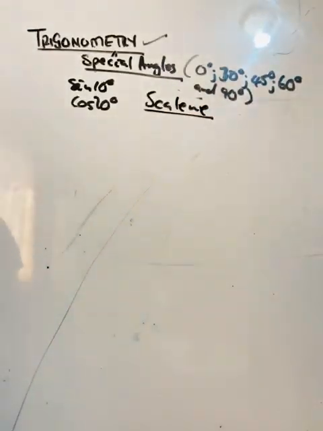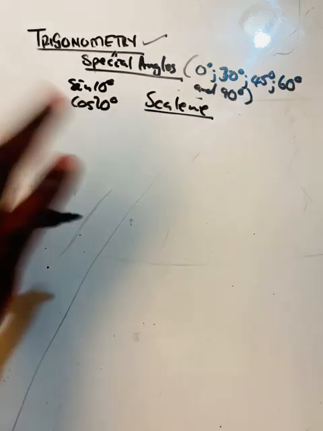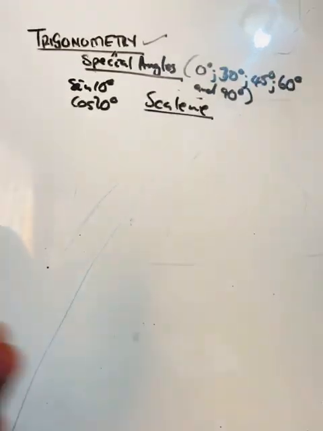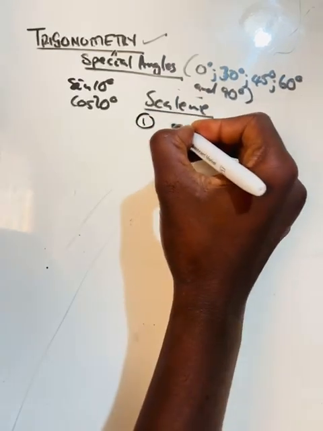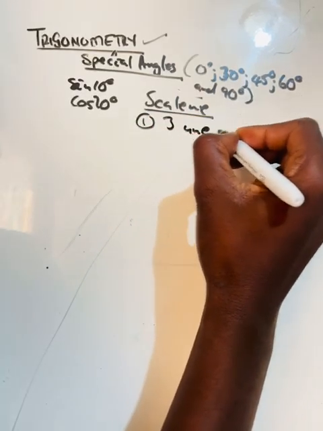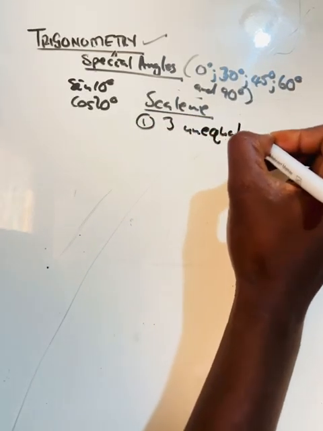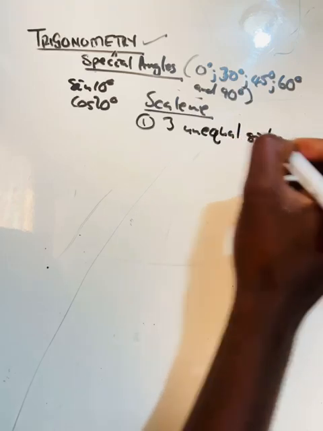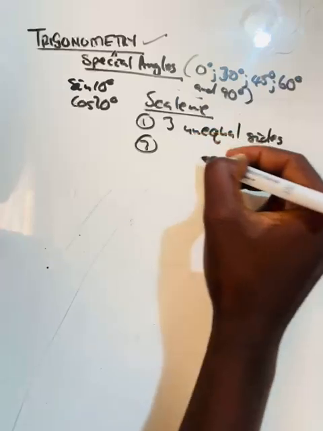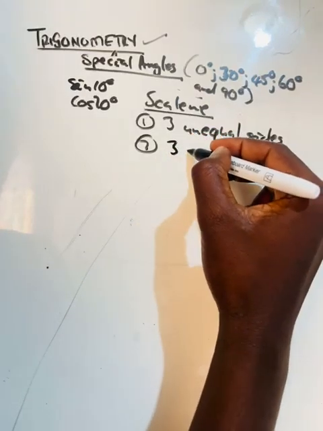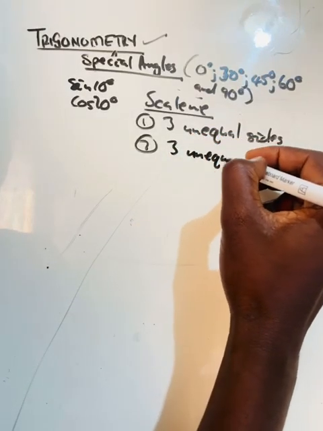Now, let's talk about the features of a scalene. There are 2 features that will help us to memorize one of the triangles of special angles. Scalene is a type of triangle that, 1, has 3 unequal sides. 2, if the sides are unequal, it also means that the angles inside are unequal.